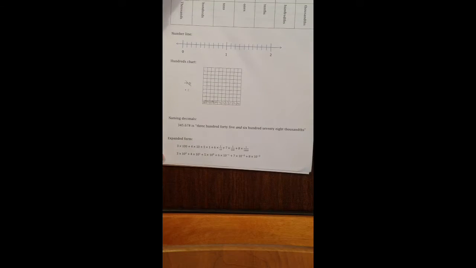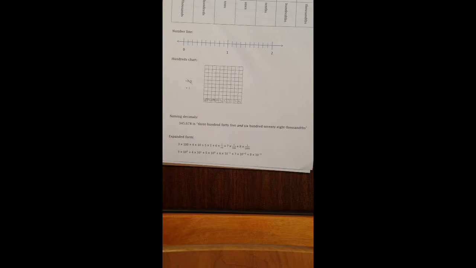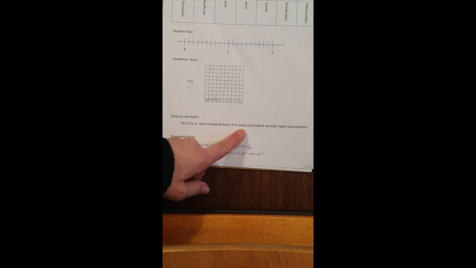When we're naming decimals, we have the numbers that are occurring before the decimal. We've talked about how to name them: 345, not using the word and, but the decimal is where that word and comes into play. So this number is 345 and 678 thousandths.